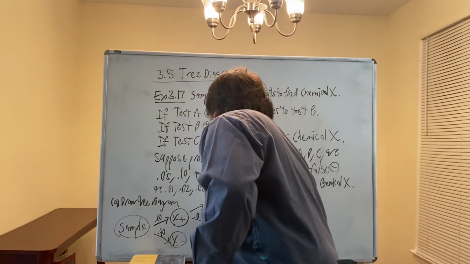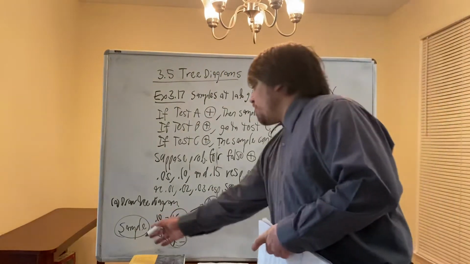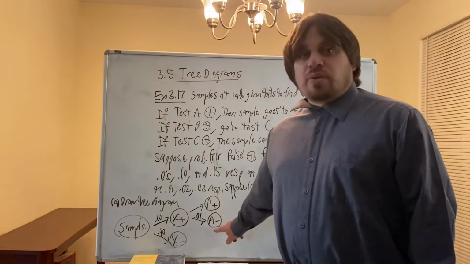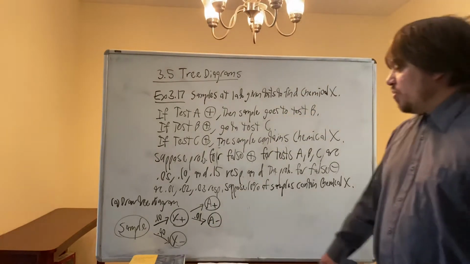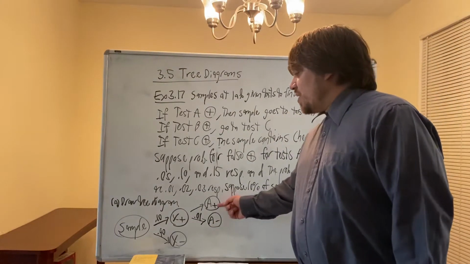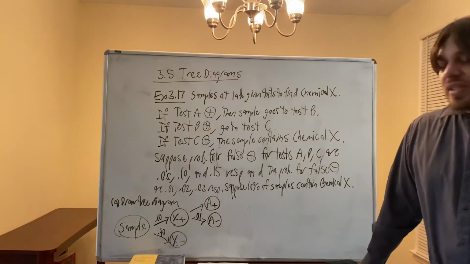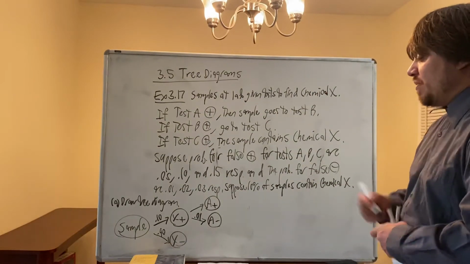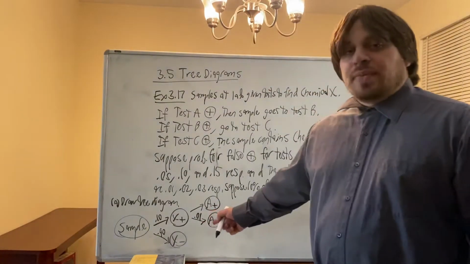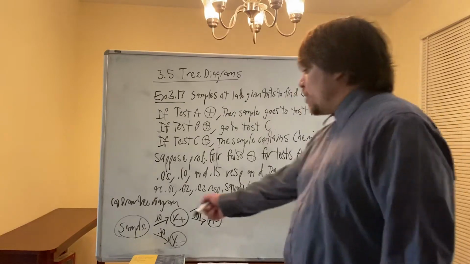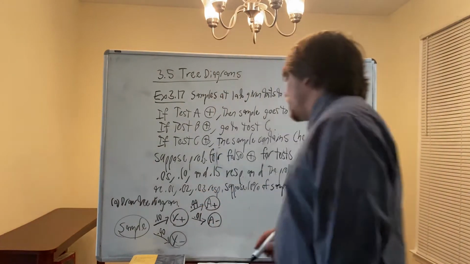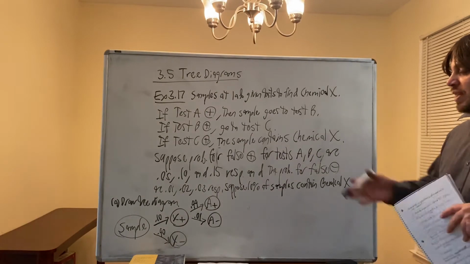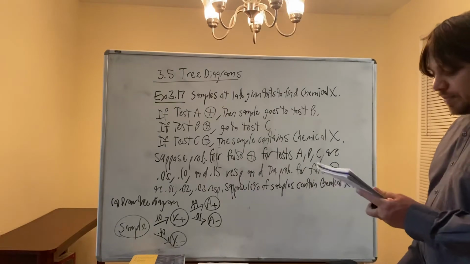And so there's a 0.01 chance that this branch happens, that you take a sample, it does have chemical X, and test A says there is no chemical X, that would make it a false negative. Test A is only right if it says chemical X is there because we're assuming chemical X is in that sample. And so saying it isn't is a false negative, and so there's a 0.01 chance of that happening. Otherwise, it would come back positive, which it should, and so that would be a 0.99 chance of happening. That would be a 99% chance that test A would tell you correctly that chemical X is in that sample.